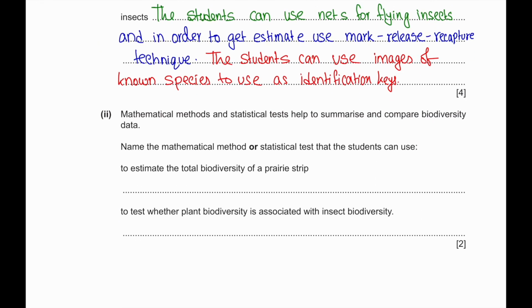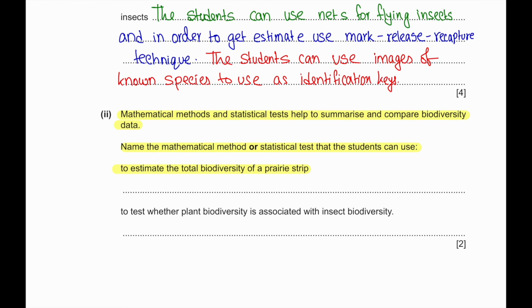Part 2. Mathematical methods and statistical tests help to summarize and compare biodiversity data. Name the mathematical method or statistical test that the students can use to estimate the total biodiversity of a prairie strip.